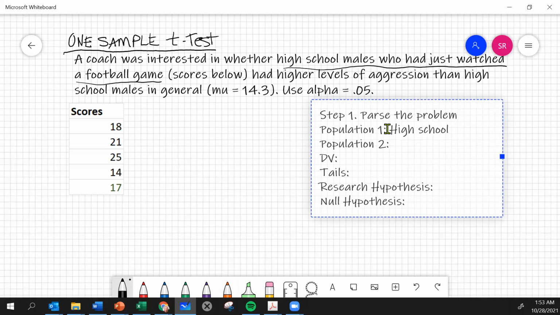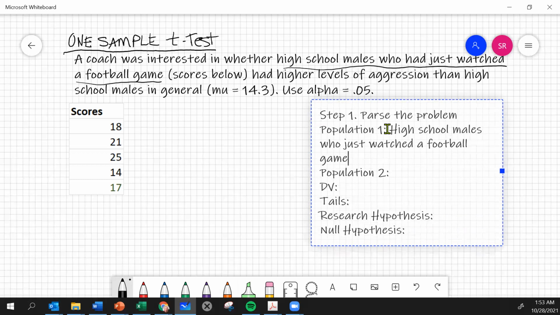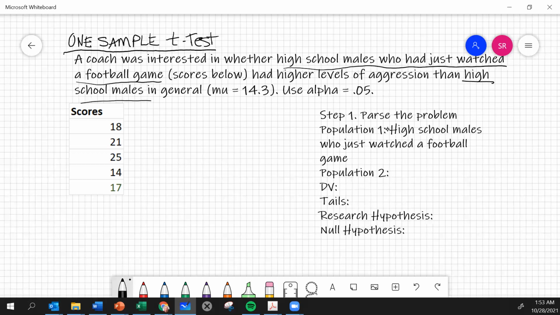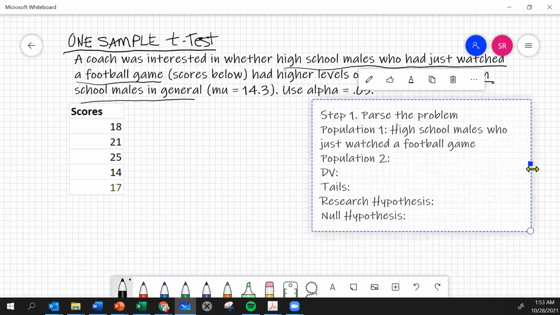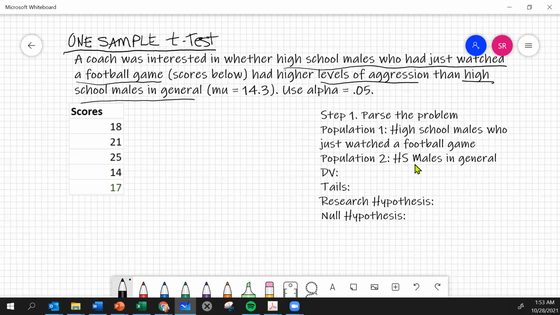High school males who just watched a football game. And population two is high school males in general. What are we measuring or comparing between these two groups? We're going to be measuring levels of aggression.